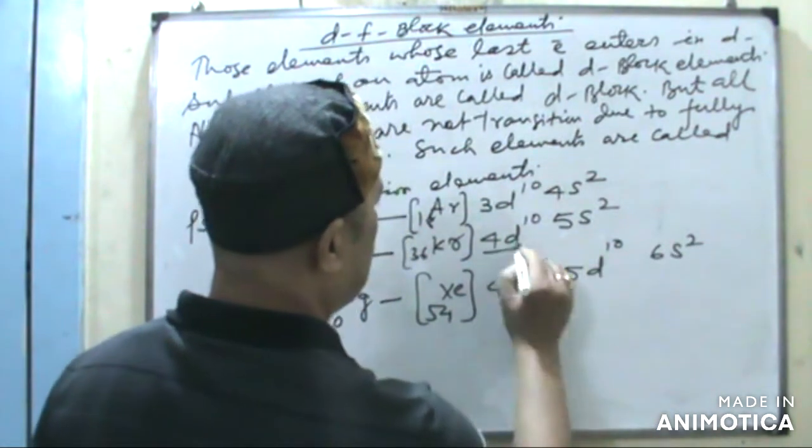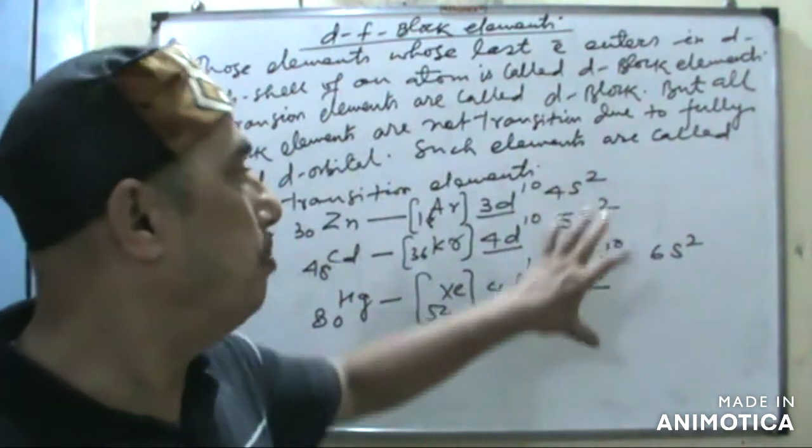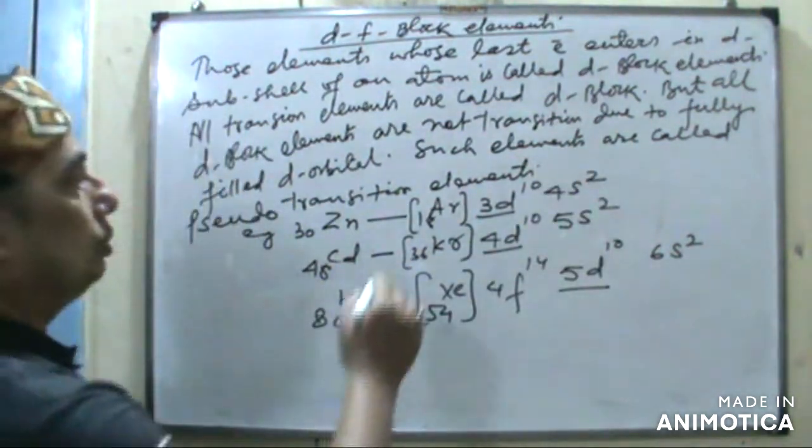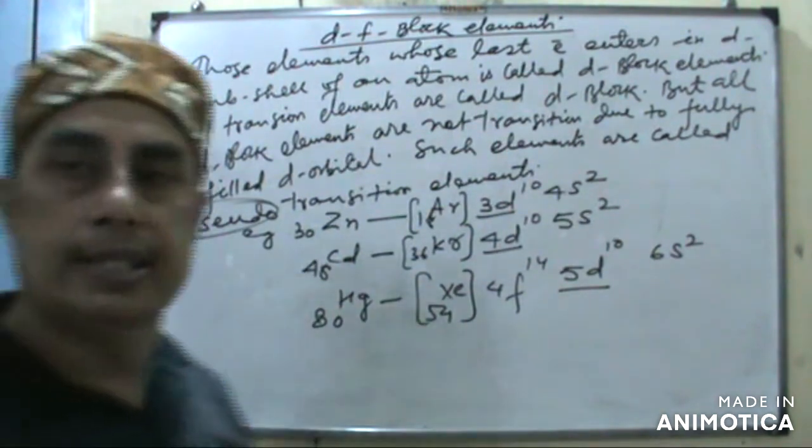So what is your observation? 3d10, 4d10 and 5d10 means they have completely filled d orbitals, so they are known as pseudo. Pseudo means the false transition elements, right?